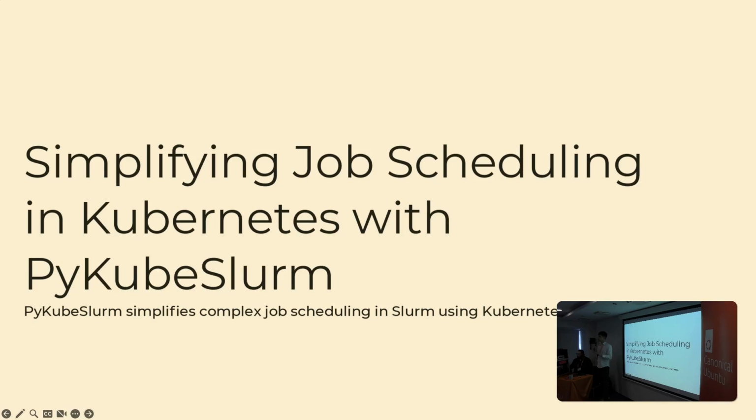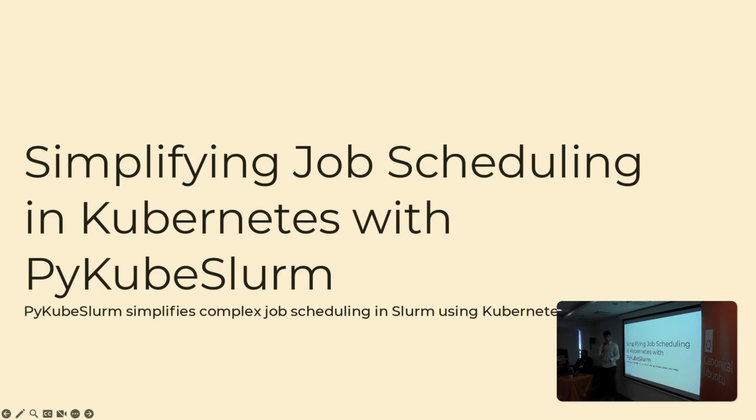And I might be careful with the simplifying or efficiently part of it, because for some of you familiar with the Kubernetes environment, it might be simplifying or not, depending on the workflow you adopt when submitting jobs to Slurm.